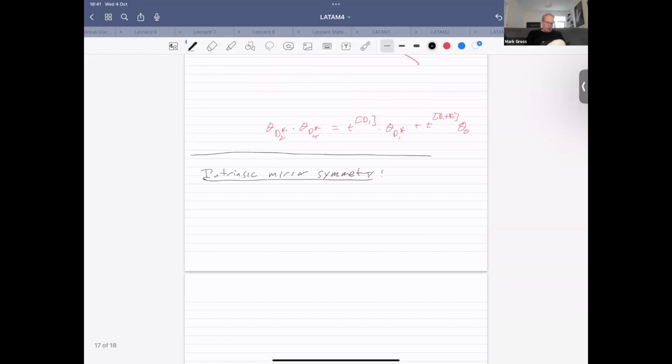Let's define the product structure on the AI module. That is, Ri is the direct sum over m in B of Z times AI times theta m. This was the ring we got from theta functions.